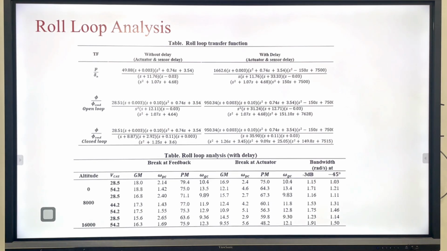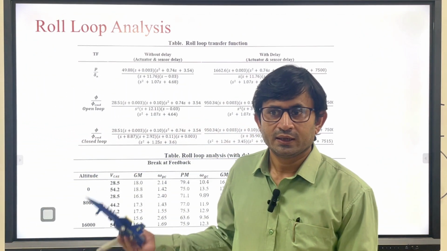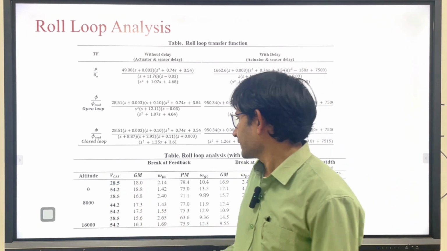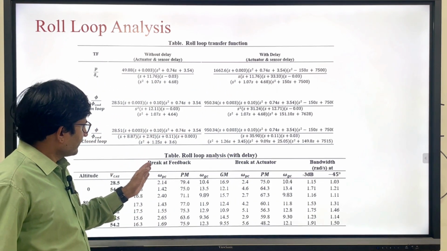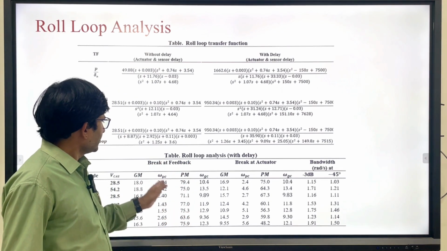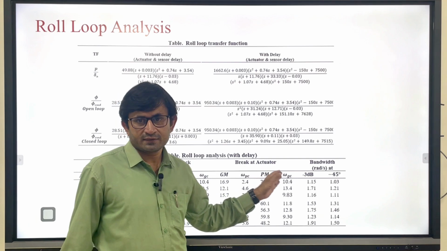As we did in the longitudinal case, the same things are repeated here for the roll loop case. That means for all 7 trim points we have plotted the gain margin, phase crossover frequency, and gain crossover frequency, with the break at feedback and with the break at actuator.